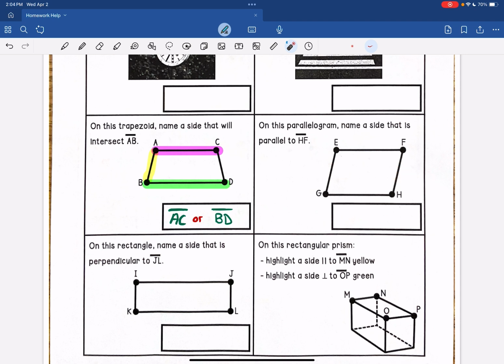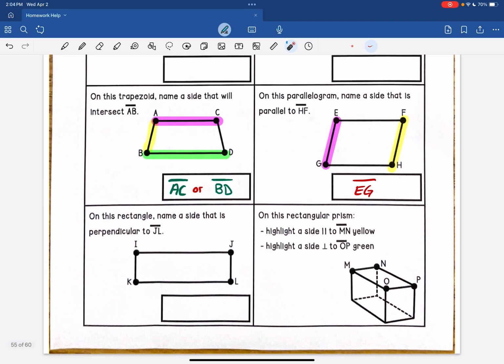All right, so then it says name a side that is parallel to HF. So HF is this side right here. Which side will never cross paths with HF? It will always keep going in the same direction forever. Side EG. So we'll write side EG is parallel to side HF.